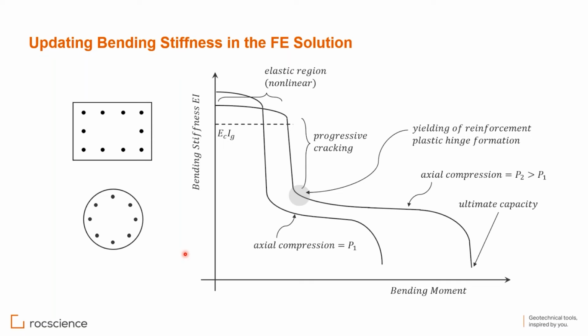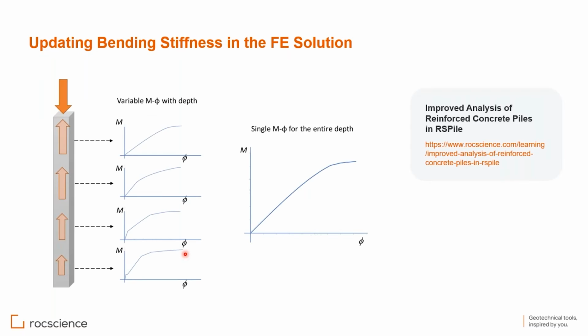That's a very important feature in RSPile. So you can have different M-phi values at different depths. It's not single for the whole pile from top to bottom, because usually in other programs you may see only one relation between M and phi. But in RSPile you can be sure that your M-phi is getting updated.